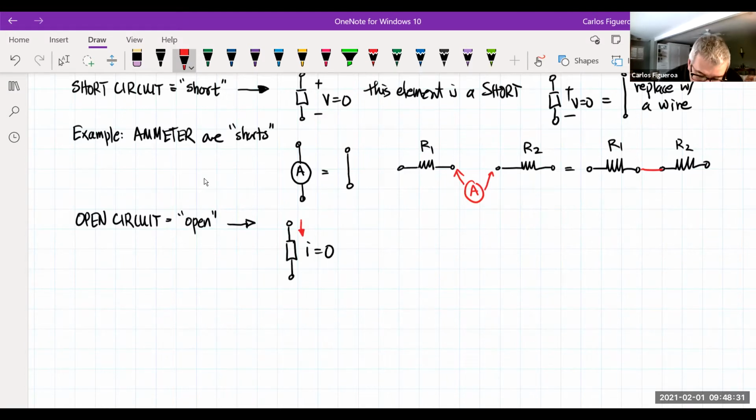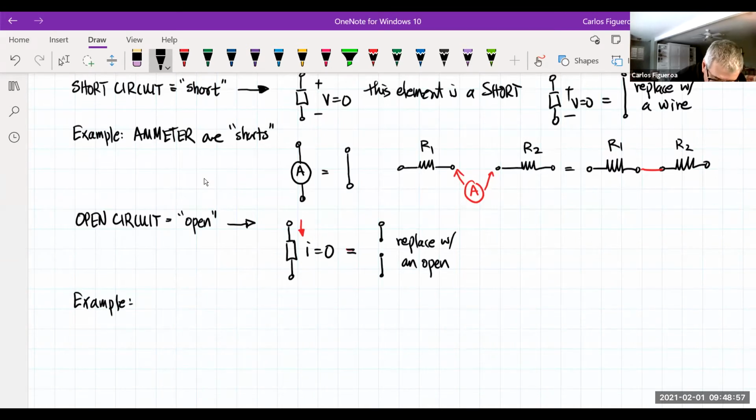In this scenario, we can literally replace this element with an open circuit, like this. And a very good example of this is a voltmeter. Voltmeters, in theory, are opens.